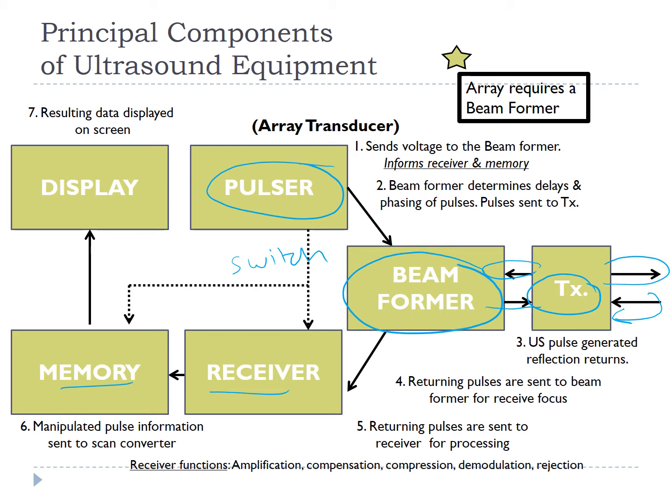The receiver then is going to process those data bits that are coming back by going through amplification, compensation, compression, demodulation, and rejection. After all those 5 processes are handled, that information is sent to the memory, where it is manipulated and then sent on to the display, where we can actually see it on our TV screen.